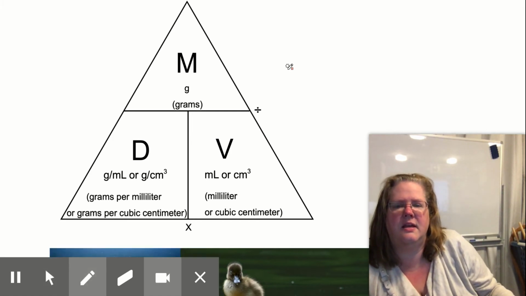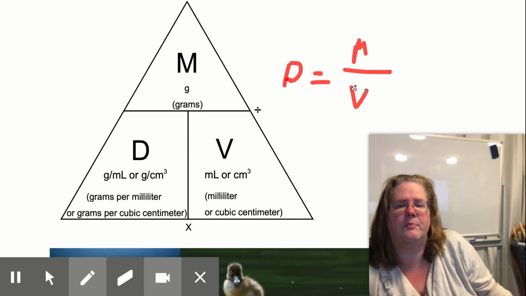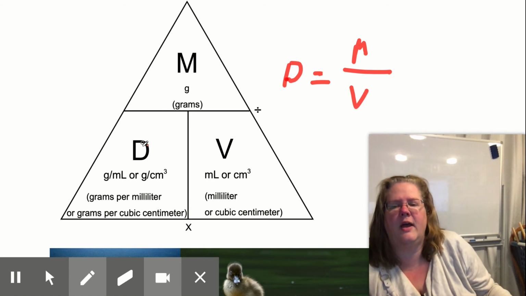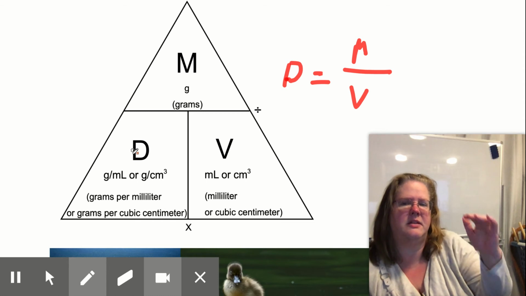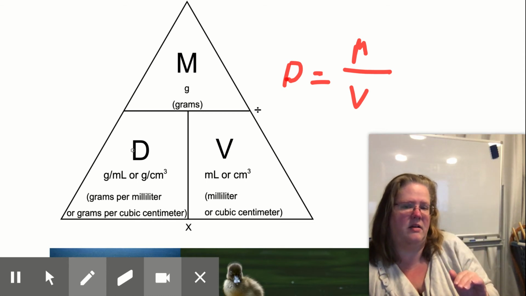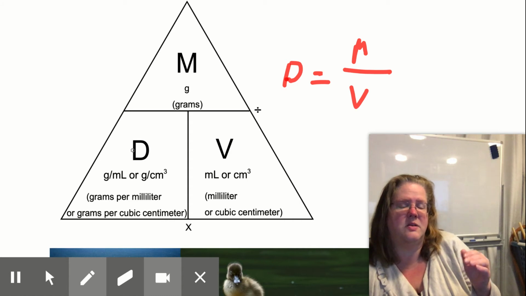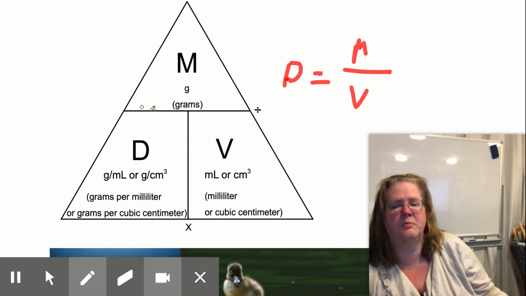And this is like saying density is equal to mass divided by volume. Okay, well that's great. So if I wanted to find density, I would cover this up. And do you notice that the mass is on top of volume? And that's telling us that we divide, because remember, the division bar is anything on top.